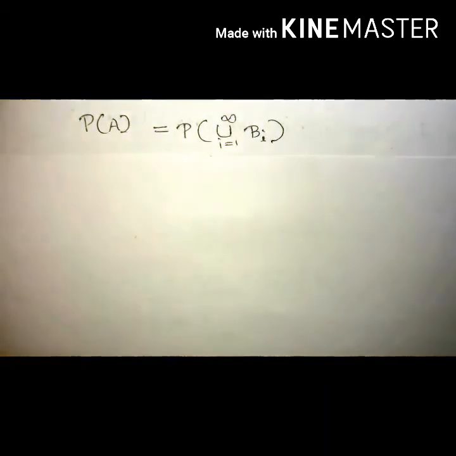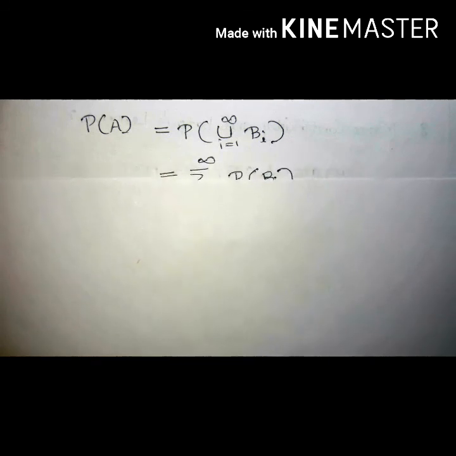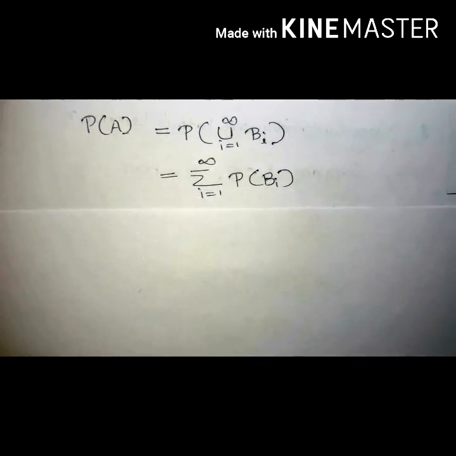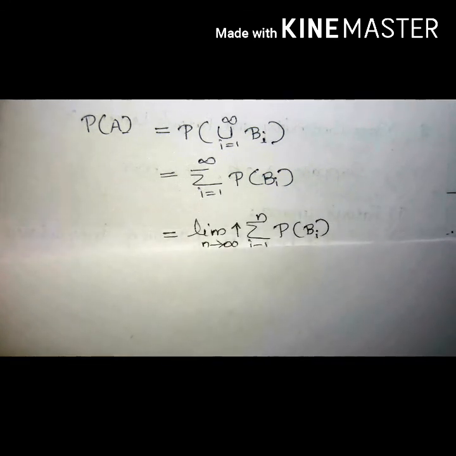Now consider P of A. P of A equal to P of union i equal to 1 to infinity Bi, and applying sigma additivity we get summation i equal to 1 to infinity P of Bi, which is equal to limit n tends to infinity summation i equal to 1 to n P of Bi, and the arrow mark indicates that it is an increasing limit.